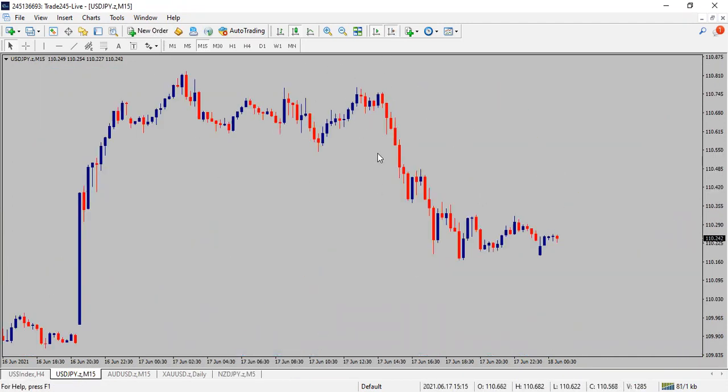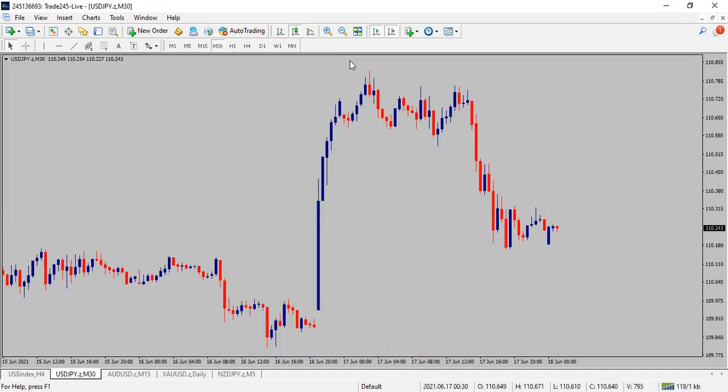If we switch to USD JPY, price is dropping, which is interesting. Usually, if the dollar index goes up, you'd expect all dollar pairs to also go up, but USD JPY dropped for some reason, which is interesting.